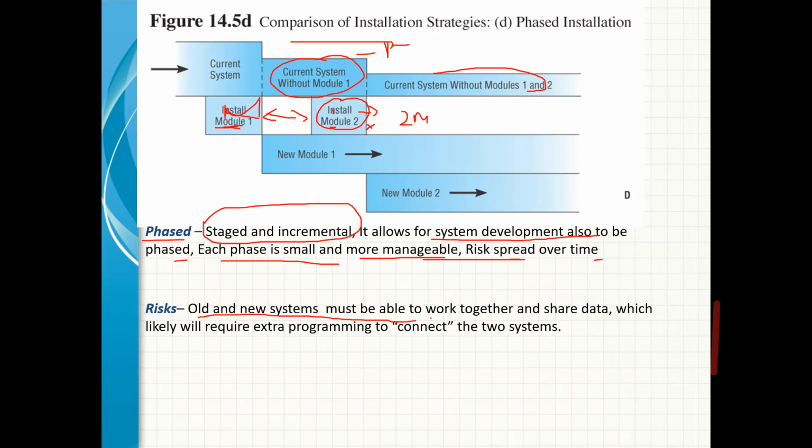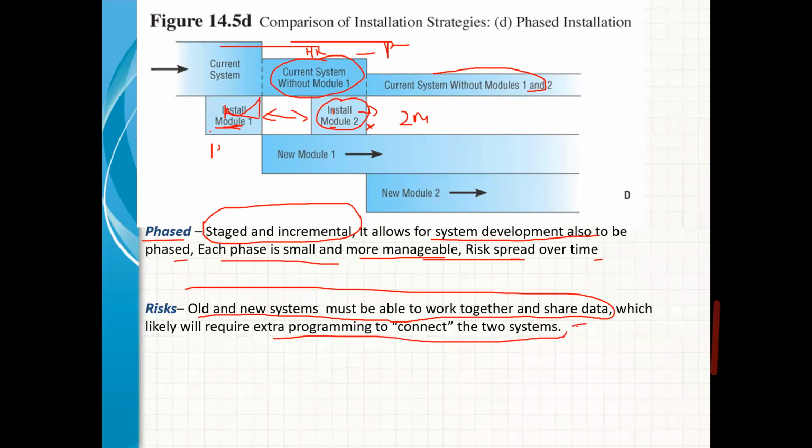The old and the new system must be able to work together and share some data, because maybe you have payment in this module, but human resource, that is staff identification, is still in the old system. The two systems need to be in a position to work together, which likely will require extra programming to connect them. Connecting the two systems is what you call integration, so the two systems need to be integrated.